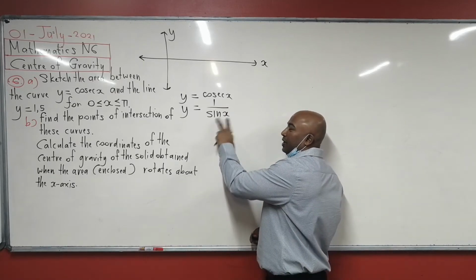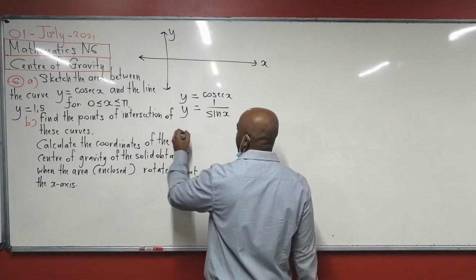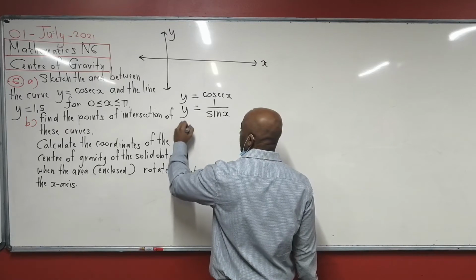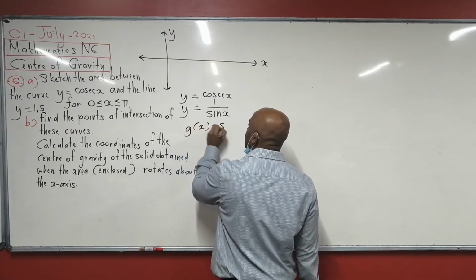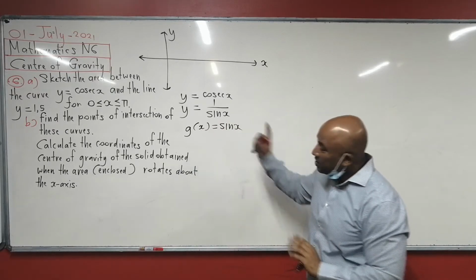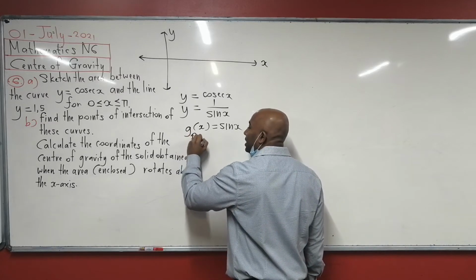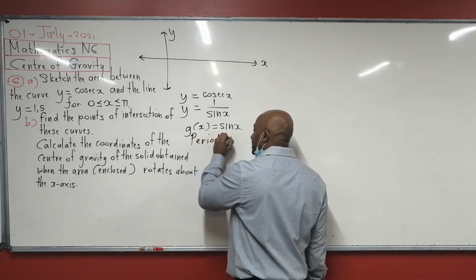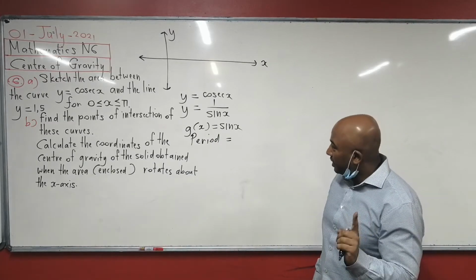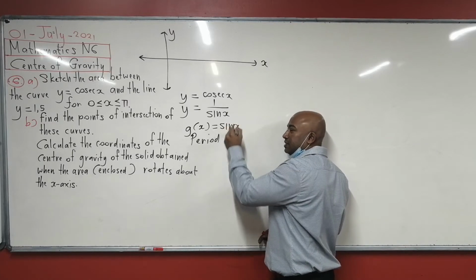So, what do we know about the sine graph? Let's take an example of the sine graph. So, let's say I have g of x is equal to sine x. If I want to sketch the sine graph, first of all, I need to work out the period of the sine graph. You don't just go and sketch it, you need to know the period. So you check the coefficient of x here.